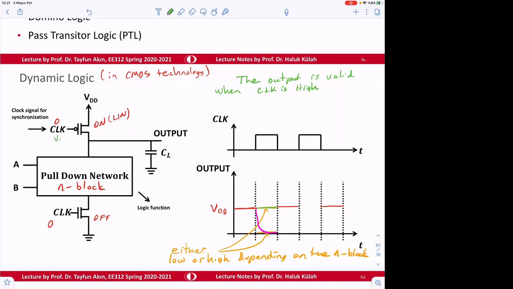So when this is VDD, this will be off. This will be on. That means linear, when this is VDD. So then this CL voltage will be discharged through the N block and through this transistor or not. The clock is high.